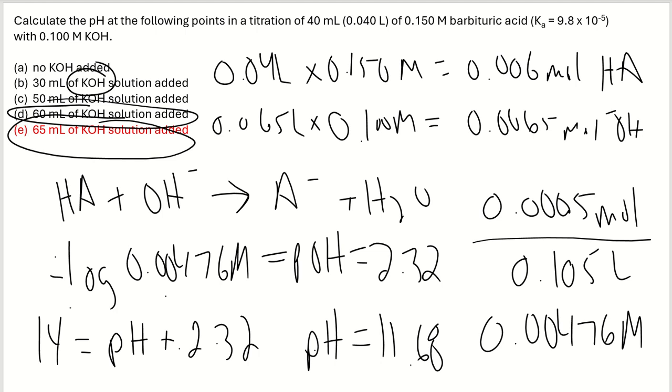And after the equivalence point and at the equivalence point, you're solving for H plus to solve for pH directly. So the calculations are essentially the same whether you're titrating a weak acid with a strong base or a weak base with a strong acid. You're just flipping whether you're starting with the hydroxide or hydronium, the Kb or the Ka first.